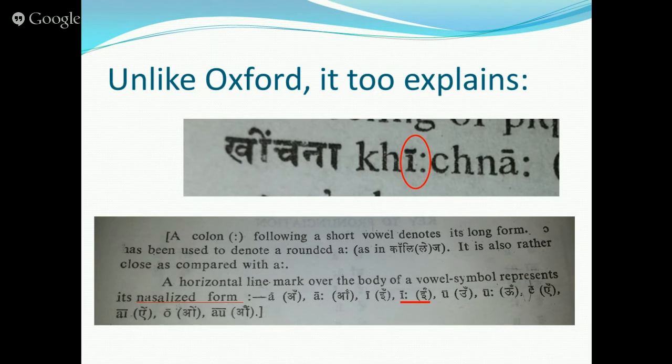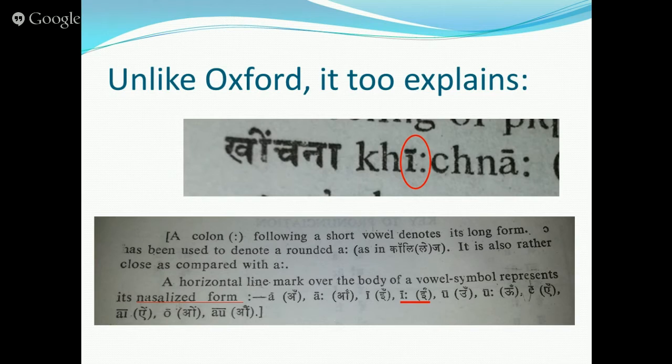It too explains. If you look in the front of the dictionary, this is where you're going to find explanations if they exist, in the front of the dictionary, not the back, the middle. So it tells us that basically, oh, actually, I said the wrong thing.